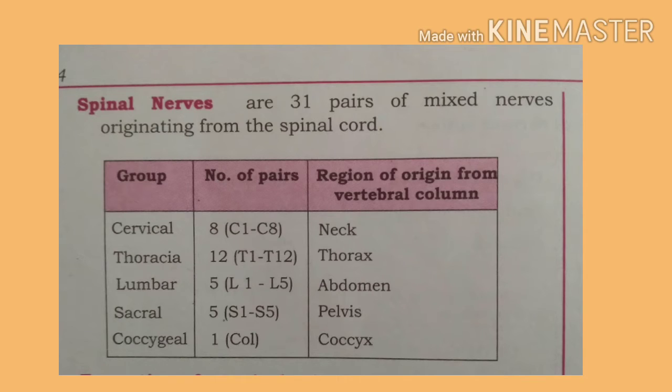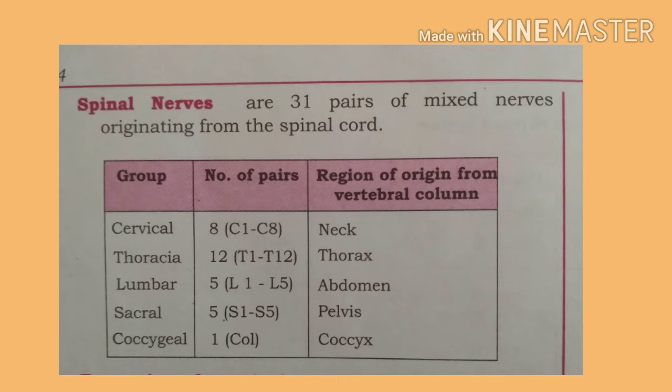The coccygeal group has 1 pair, seen in the coccyx region. When we total the pairs, 8 plus 12 plus 5 plus 5 plus 1, the total is 31 pairs, seen in the different regions of origin from the vertebral column.